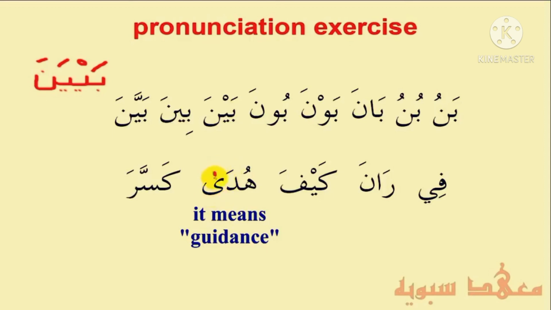If this wasn't there, it would be huda, but huda with the alif. Finally, we have the verb kassara, which means to smash something into many pieces. It's an intensive form. With verbs, when we have the shadda, the verb involves intensity. And you can actually feel it the way it's pronounced.